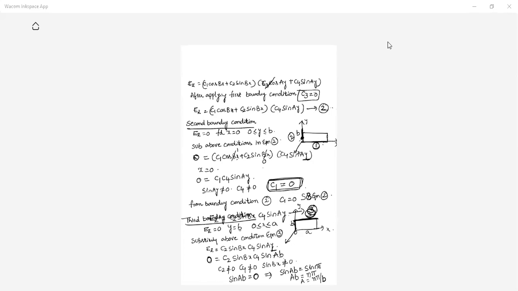Capital A is equal to n pi by B. This is the expression we got by applying the third boundary condition. Is it clear up to this? Yes, ma'am, clear, ma'am. Can I go for the fourth boundary condition? Yes, ma'am.